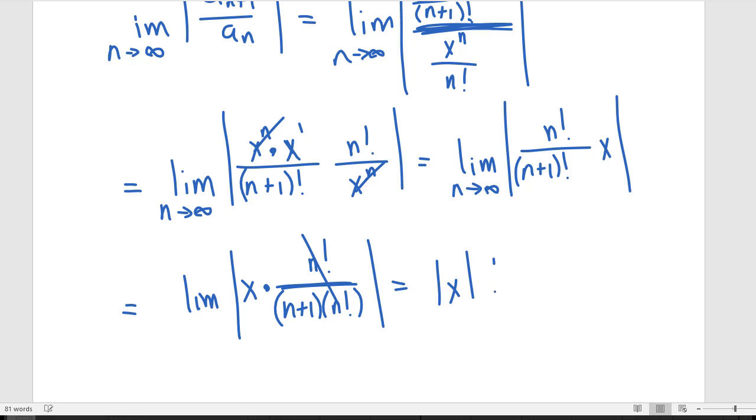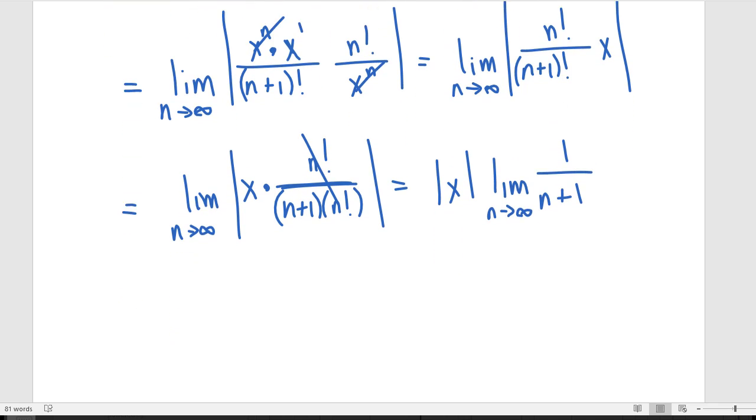Remember, when we did the ratio test, we talked about how that was completely legitimate to do, because the limit process is only looking at the n expression. My x variable doesn't have any n's in the exponent. So this is x to the first, I can pull it out. I'm just going to make sure I keep it in the absolute value symbol.